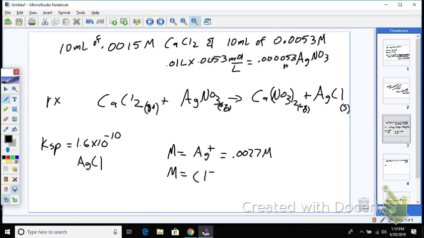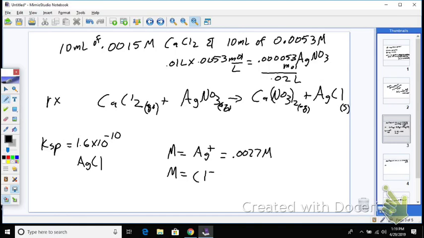Okay, and that's moles of Ag and NO3, right? Because it splits in a 1-to-1 ratio. Then what I can do with that is divide by 0.02, because that's the new volume.